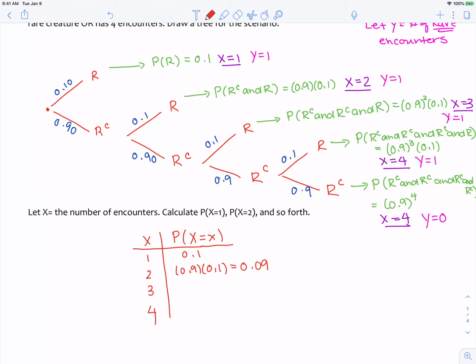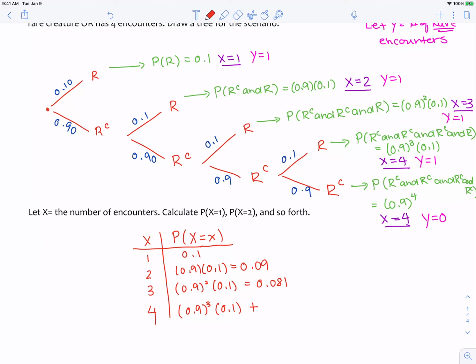All right, and then for 3 encounters, that's only happening in the case where we have 2 not rare followed by a rare encounter. And that product should be 0.081. And then we are having 4 encounters in 2 different ways. And that was when we had the 0.9, we had 3 not rare, and then we did get a rare.